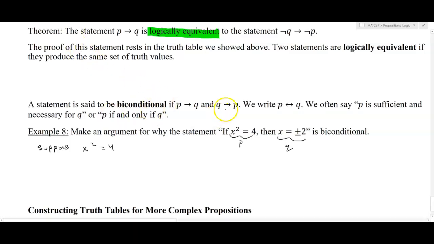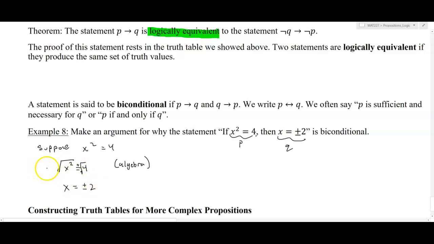So we get to assume that the premise, the condition, happens, and now if I go about working with this, suppose that that's a true statement, well, by using my algebra, if I take the square root of both sides and put a plus or minus on that, this is just algebraic logic, then that means the square root of x squared is x, and the square root of 4 is plus or minus 2.